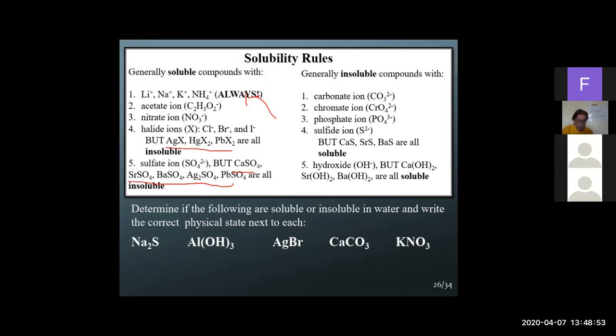If we look at number 4 on the right-hand side, that's called the sulfide ion. Remember that? Sulfur was in group 6. Sulfur becomes an anion, a non-metal, becomes a -2.